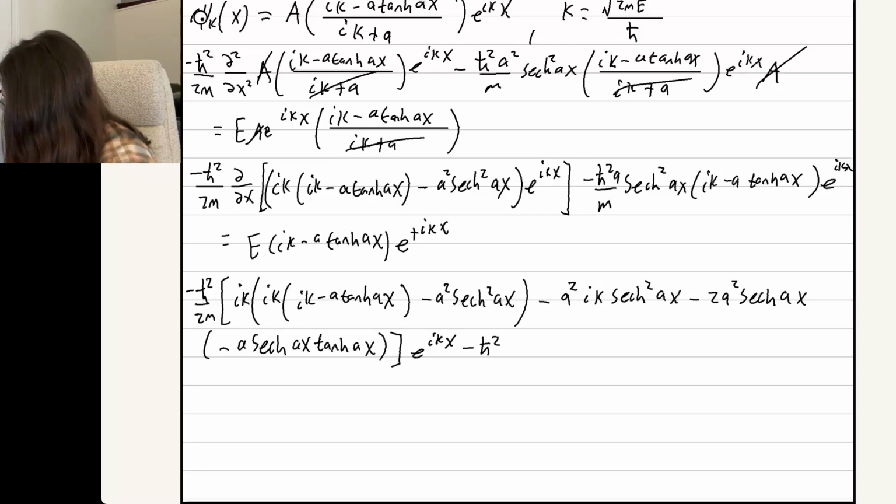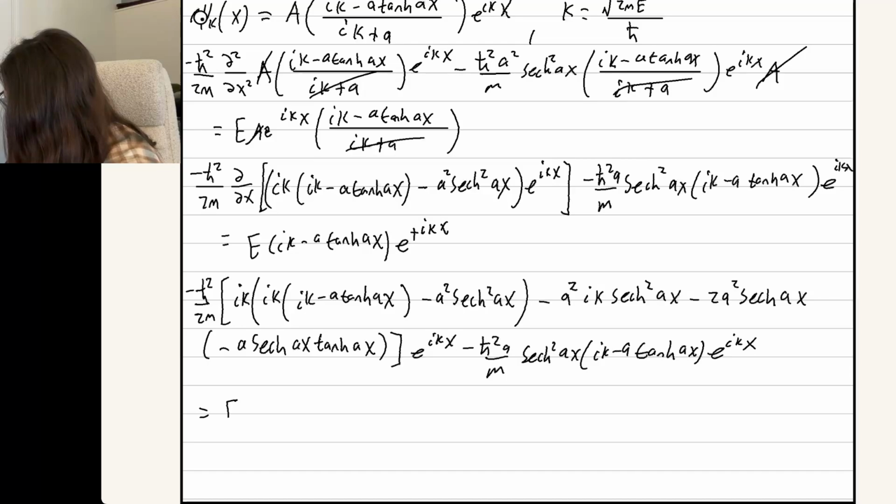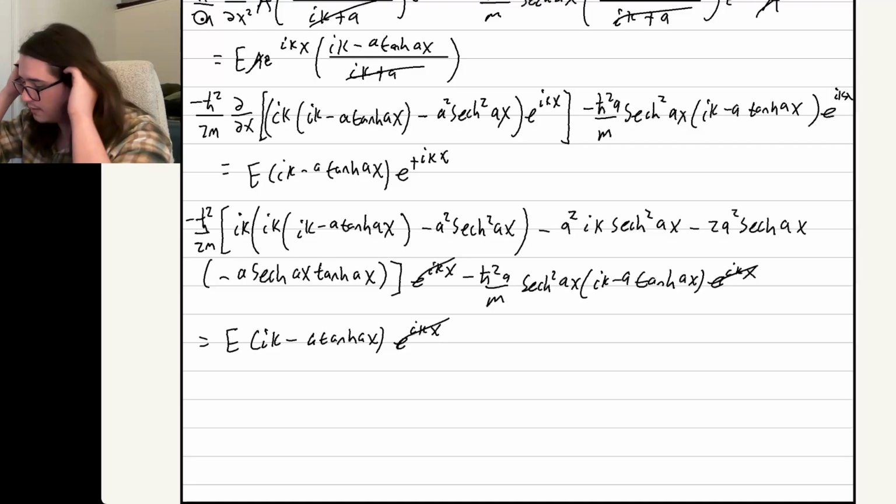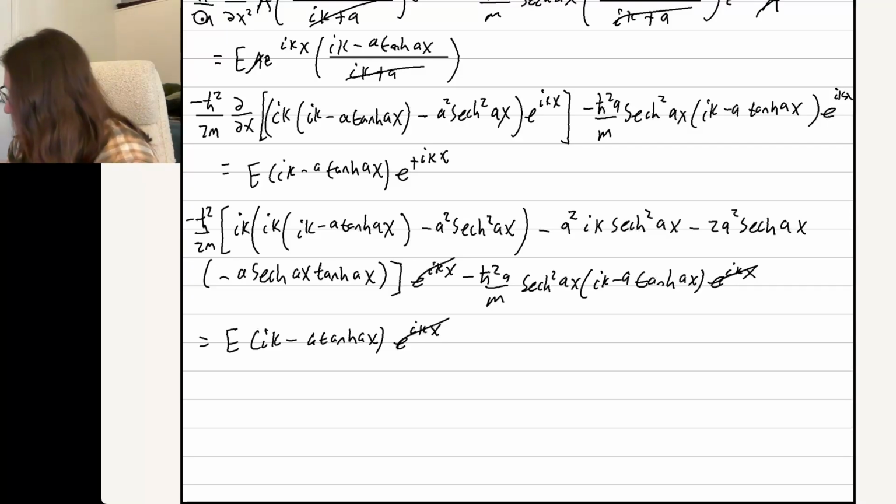And then we have the potential term, (ik minus a tanh ax) to the ikx. And then we have the right-hand side, e to the ikx. So now everything has an e to the ikx attached to it, so let's cancel all of those out and start simplifying.